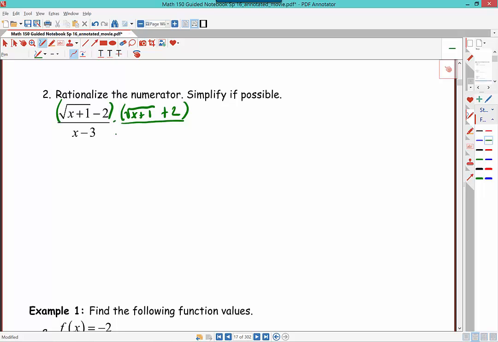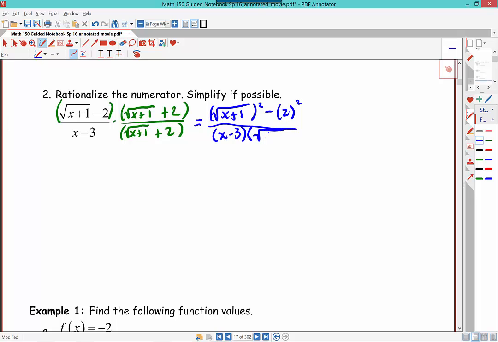So now you've got to balance it out by multiplying the denominator by that same quantity. And then continuing with our algebra, what will happen is we'll get the square root of x plus 1 squared minus 2 squared over x minus 3, and then don't bother multiplying this out.